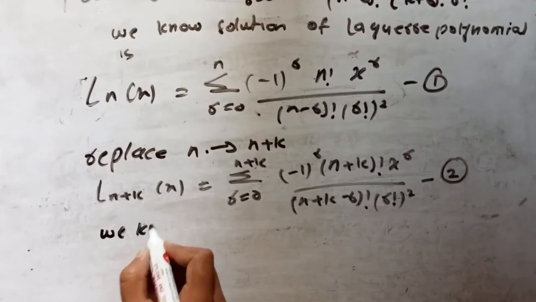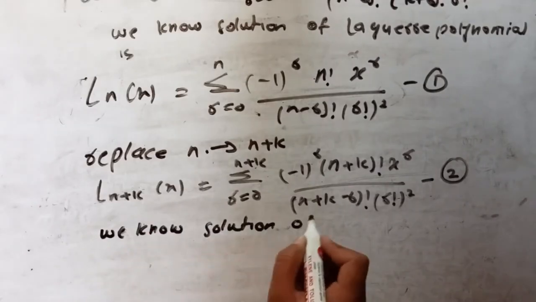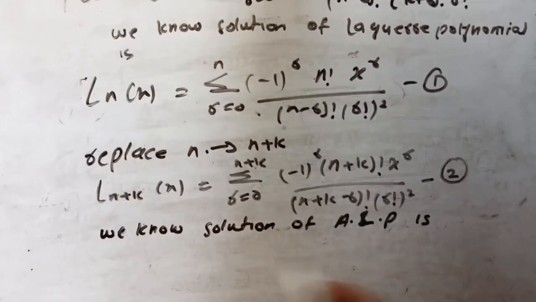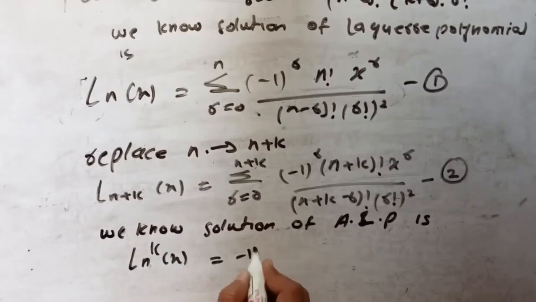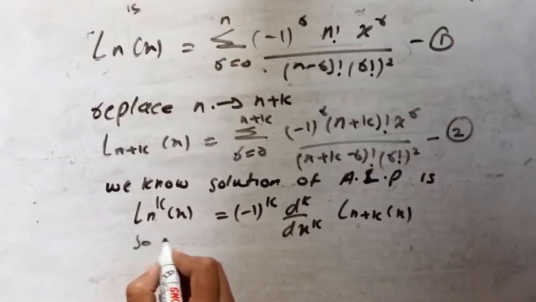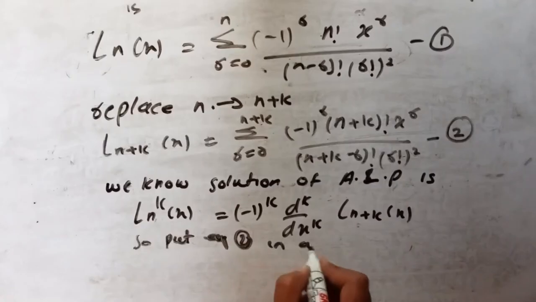We know the solution of the associated Laguerre polynomial is L_n^k(x) is equal to (-1)^k times the kth derivative of L_{n+k}(x) with respect to x. So put equation 2 in the above.